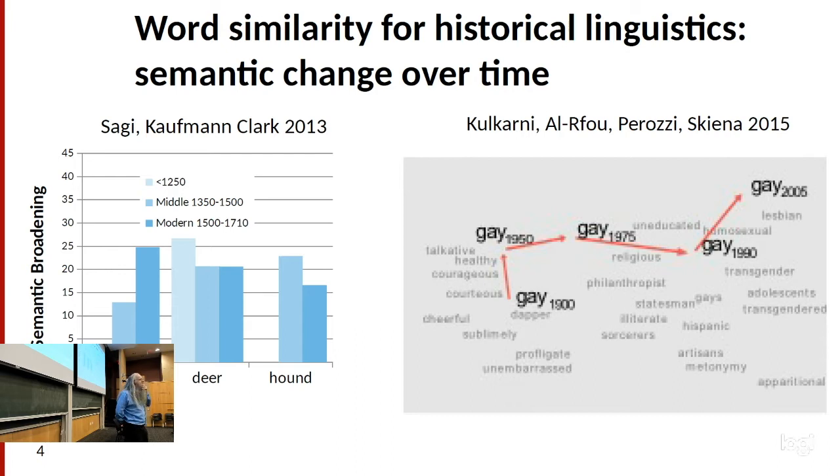The word deer actually in English used to just mean big animal in the forest, which included things like dogs and wolves and hounds. Okay?